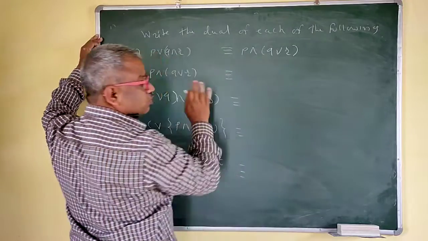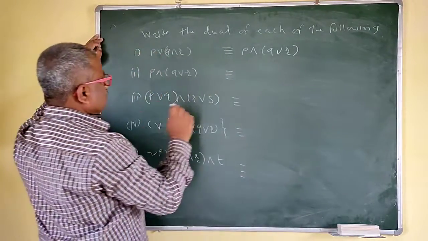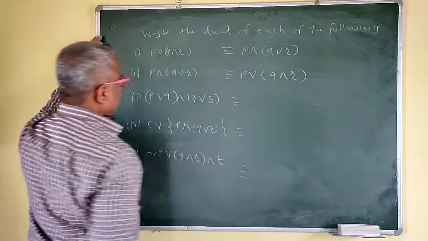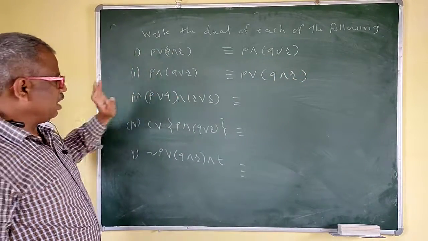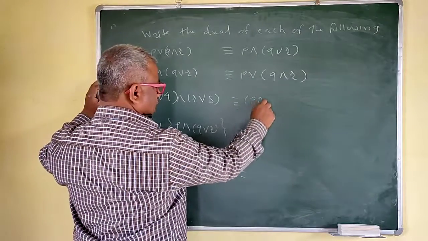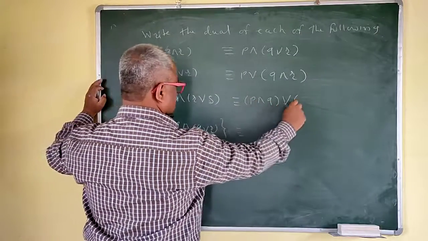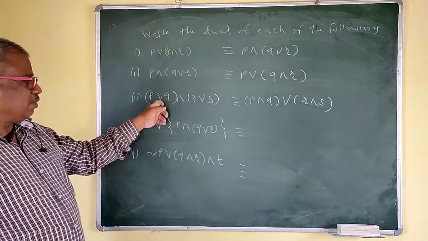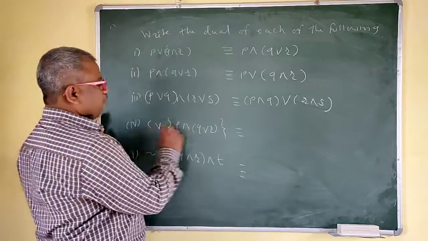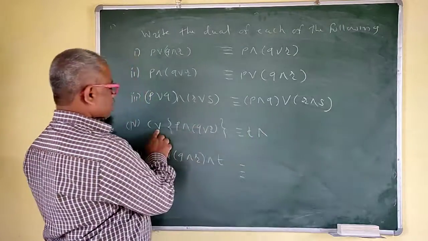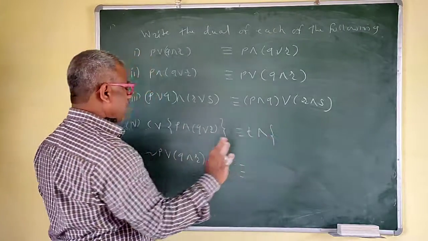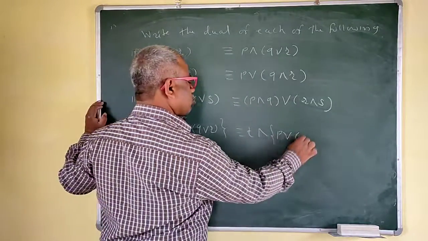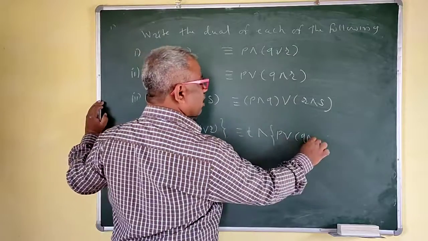We don't have to change any bracket or anything. Only just replacement. We'll replace this by or, replace this by and. So now this is P and Q or R and S. Replace this, replace this. Now C by T, and or by and. You have to keep the brackets, all those things as they are.